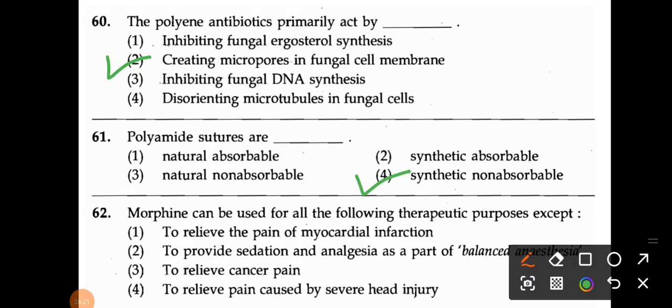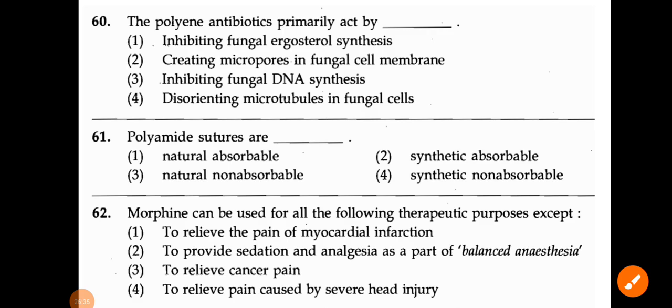Morphine can be used for all the following therapeutic purposes except, right? Option 1 is to relieve the pain of myocardial infarction, to provide sedation and analgesia as a part of balanced anesthesia, to relieve cancer pain, to relieve pain caused by severe head injury. If you go through the opioid analgesic topic from your pharmacology, you know the contraindications of morphine.